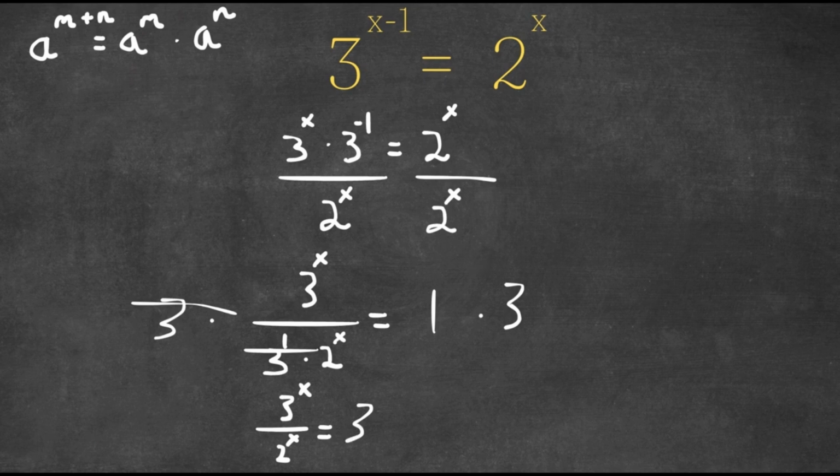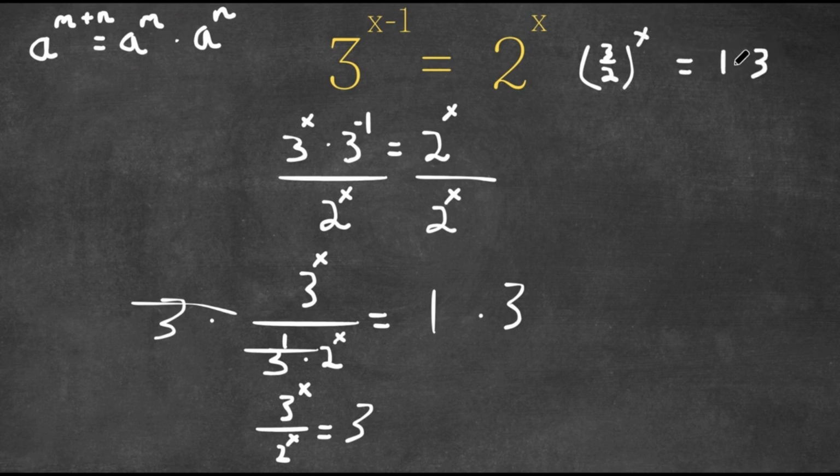So now this can be written as 3 over 2 to the power of x is equal to 3.